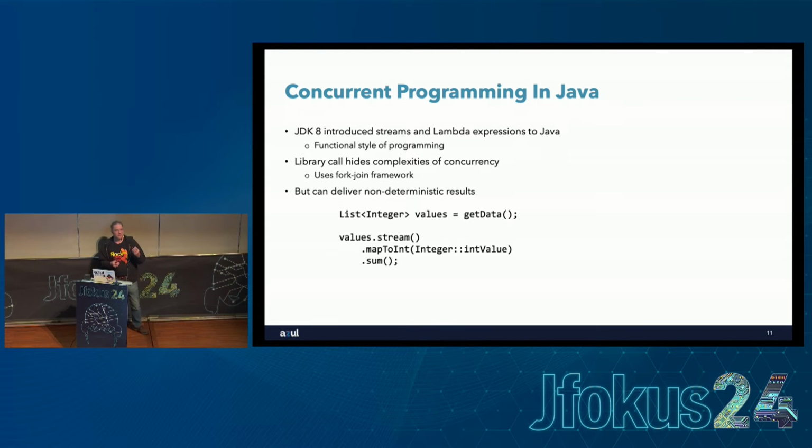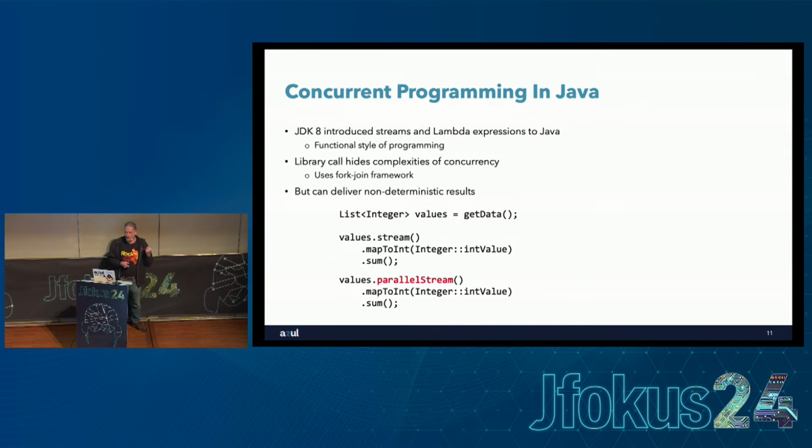Great thing about that is that the library hides all of the complexity underneath in terms of how all this happens. And when it comes to making this concurrent, they introduced an extra concept, which is actually really badly named, because they called it parallel stream. And it's not really a parallel stream, it's a concurrent stream.